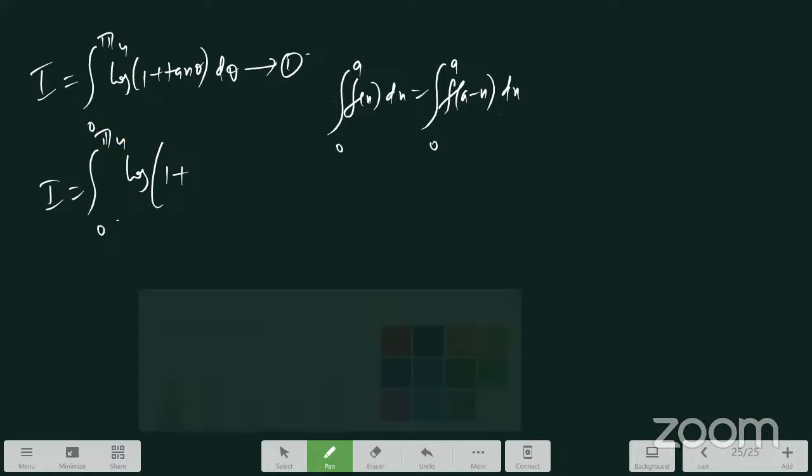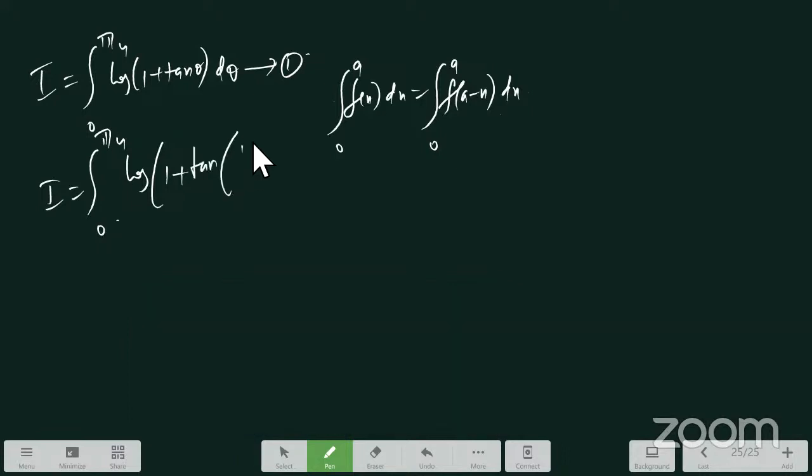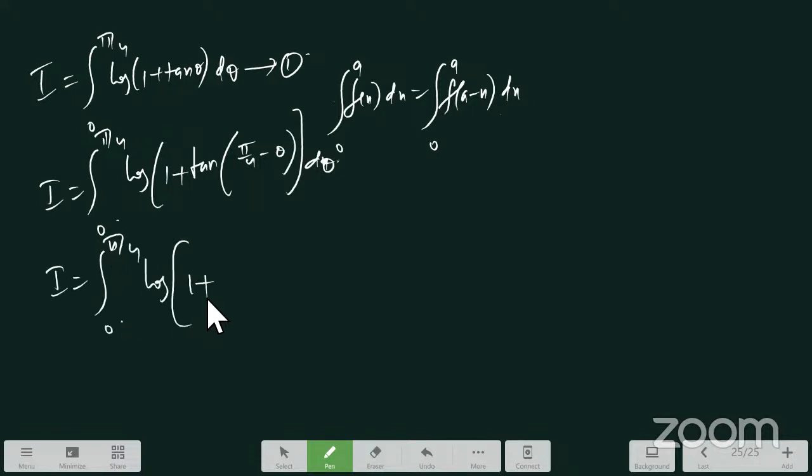So now 1 plus tan of pi by 4 minus theta, f of a minus x, okay? d theta.